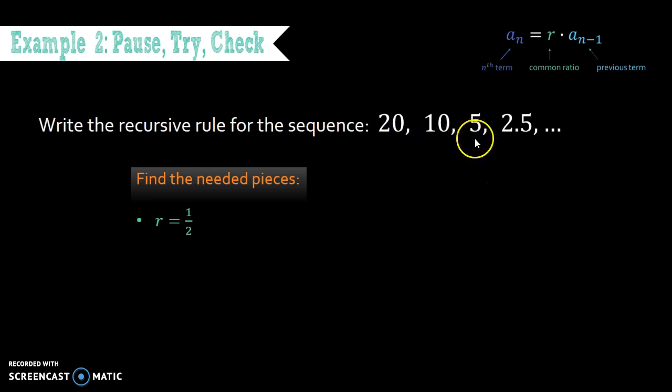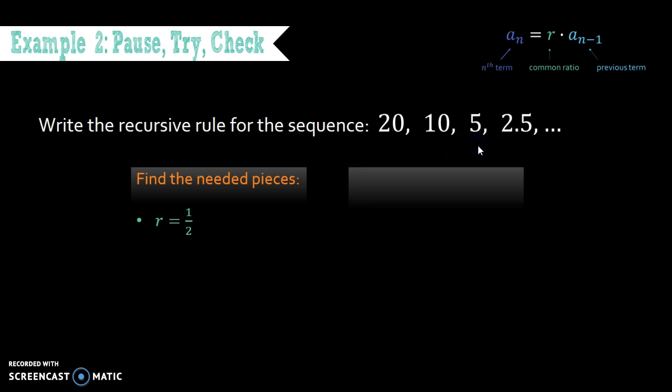Divided by 2 again is 5. I could also say 20 times 1/2. Half of 20 is 10. Half of 10 is 5, and so on. And we just fill into the recursive rule. The term that we care about is equal to 1/2 times the term that comes before it.